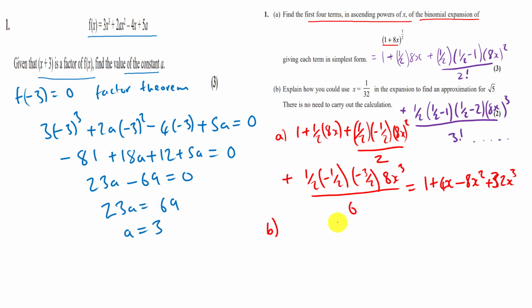And part B, explain how you could use x equals 1 over 32 in the expansion to find an approximation for root 5. So you would use the square root of 1 plus 8 times 1 over 32, which simplifies to the square root of 1 plus 1 over 4, which would equal the square root of 5 over 4.